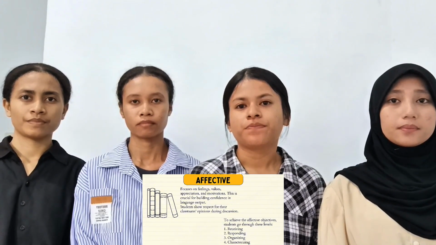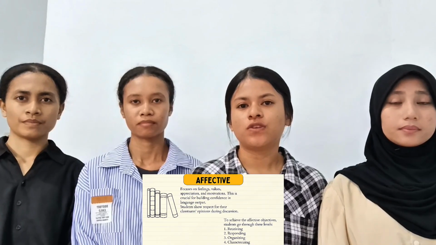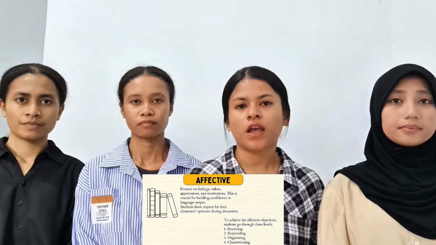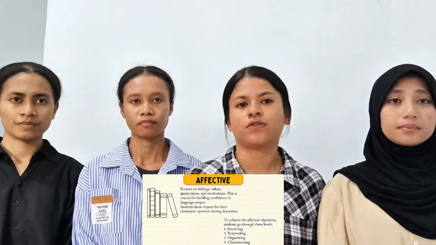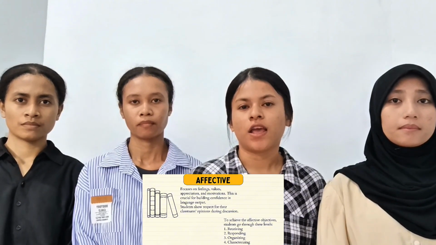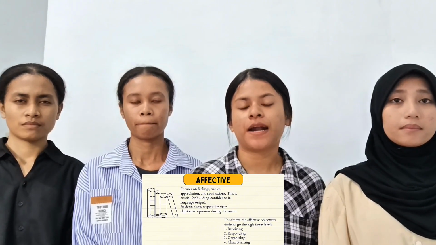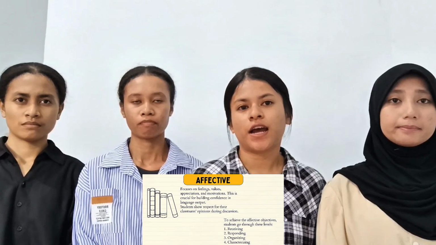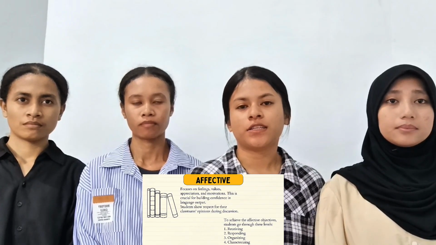The fourth is organizing. Students bring these different values together to form a consistent personal system. And the fifth is characterization. The values become a natural part of who they are and their daily habits.